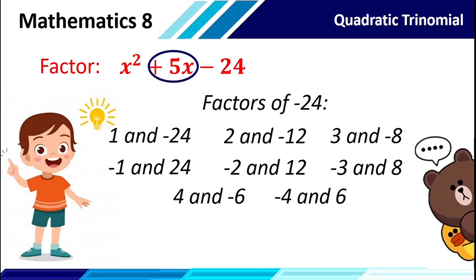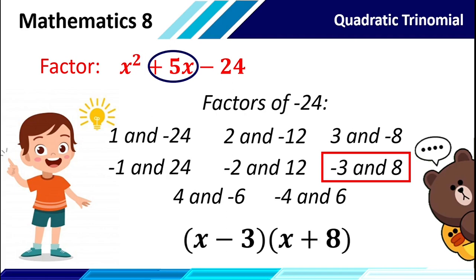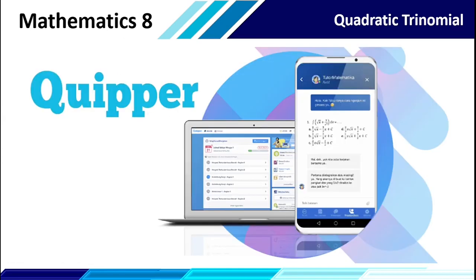Our next step is to find a pair of factors that when we add up, the answer would be positive 5, and that is negative 3 and 8. Our last step is to write it as the product of two binomials. So we will have x minus 3 times the quantity of x plus 8.